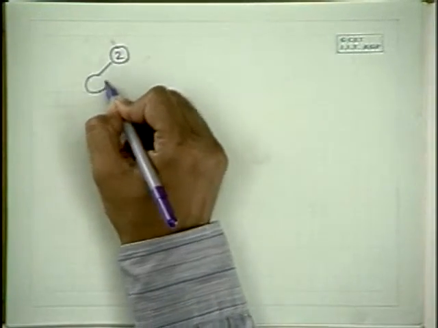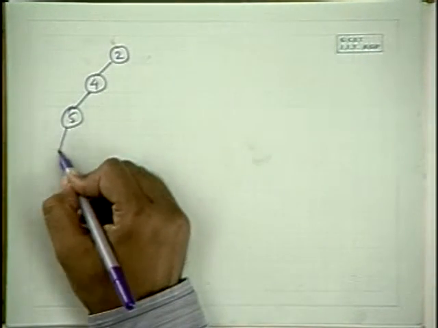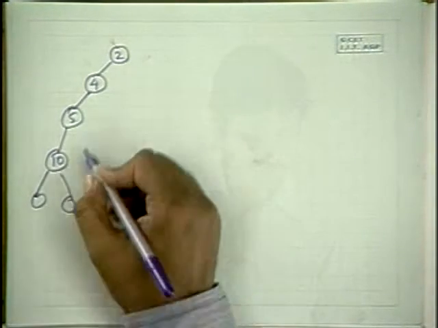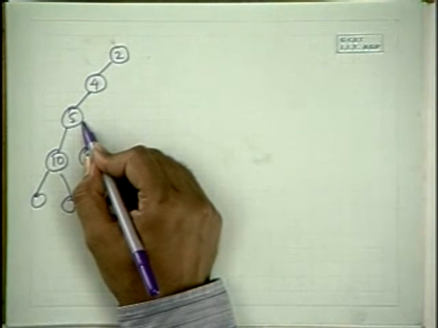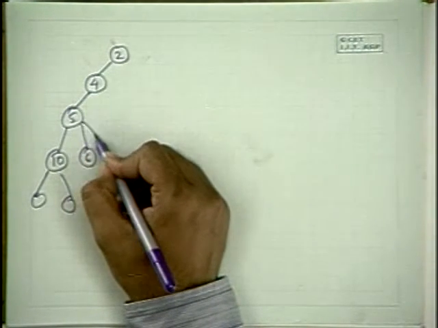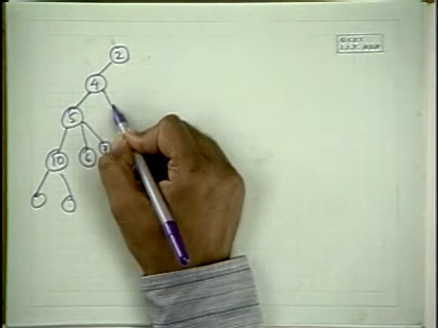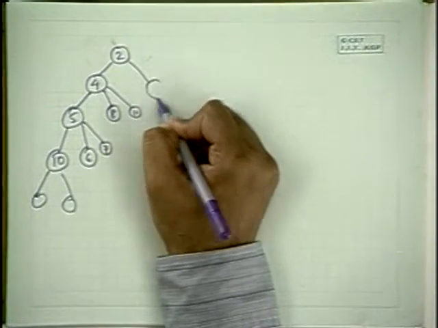2, 4, 5, 10. It has 2 children, say this is a 6. Say this is 7. 4 has, say, 8, 11. Say this one has 30.